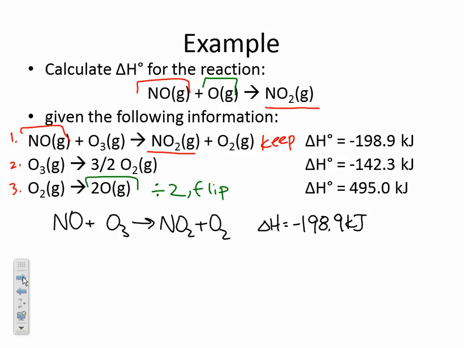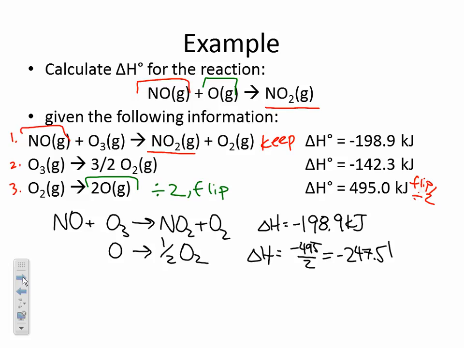So I'm going to wind up with O yields 1/2 O2. So this delta H, again, flip and divide by 2. So I'm going to have negative 495 divided by 2, which is minus 247.5 kilojoules.